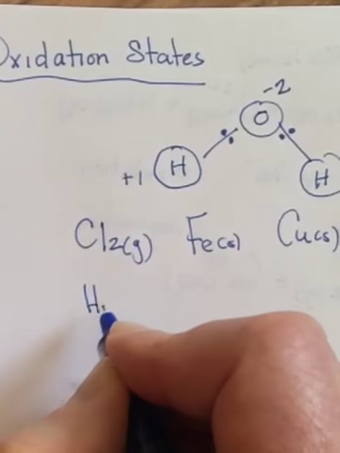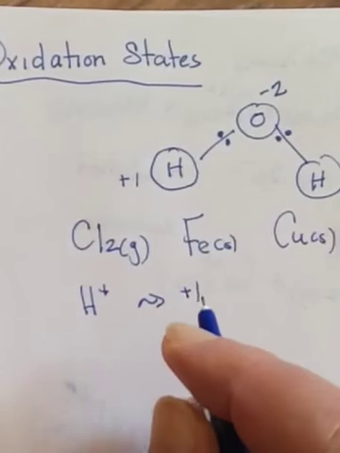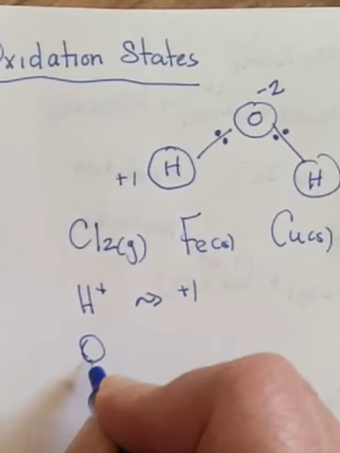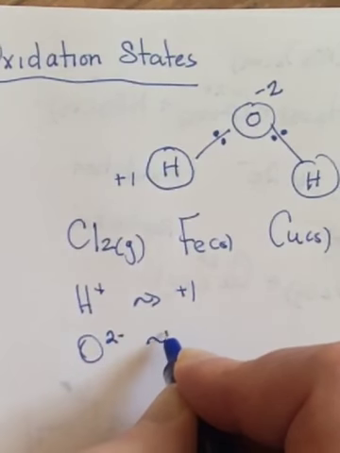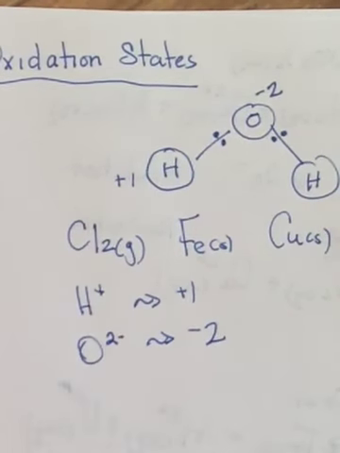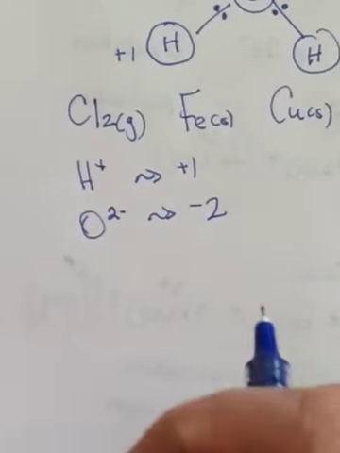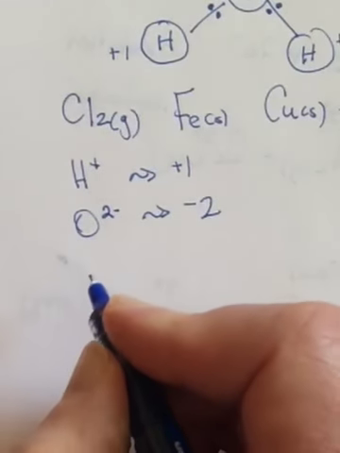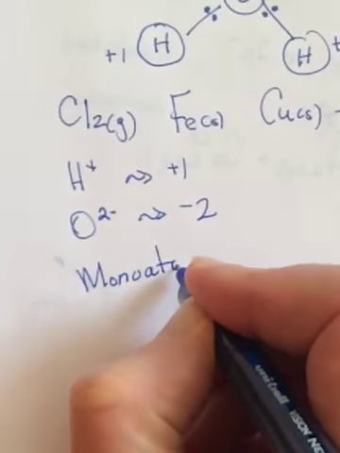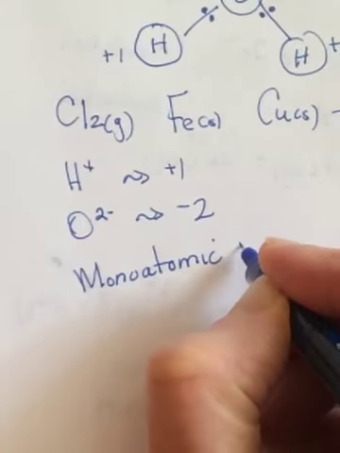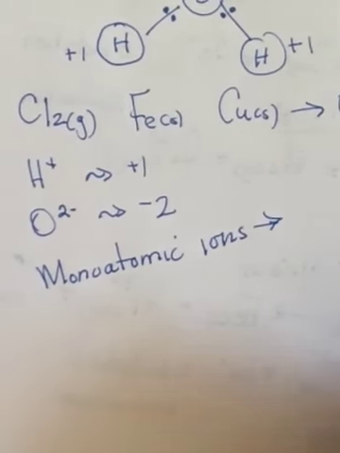Hydrogen, most often, in compounds will be a positive 1. Most often, oxygen in compounds will be a negative 2. So the two of them will act the way they usually do when they're ions. All monoatomic ions, not the polyatomic, will have an oxidation number that matches their charge.